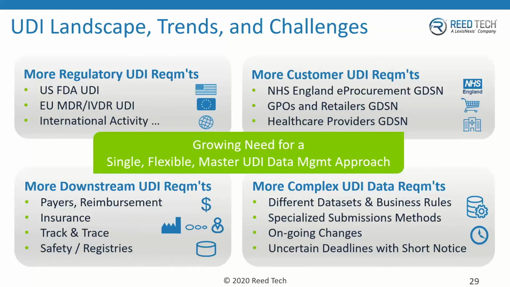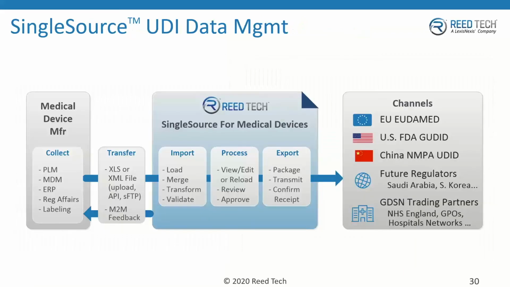And John, do you just want to touch quickly on the main functions here of how we work as basically the data hub that acts as a conduit for the medical device manufacturer and then distributes the data out to various channels? Yeah. So essentially, as you said, we have a single platform where we're able to receive global UDI data spanning multiple health authorities in a standard that the single source application supports.